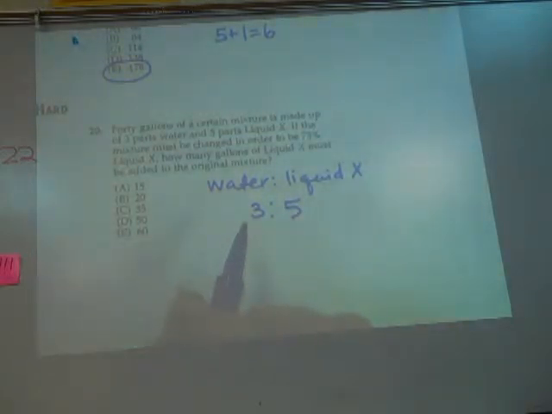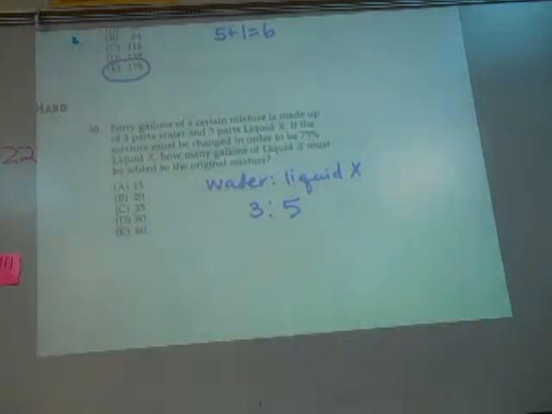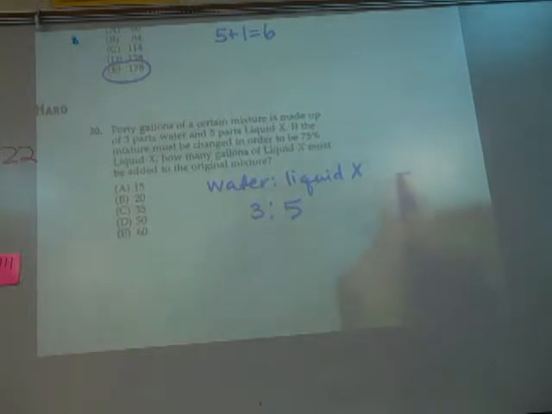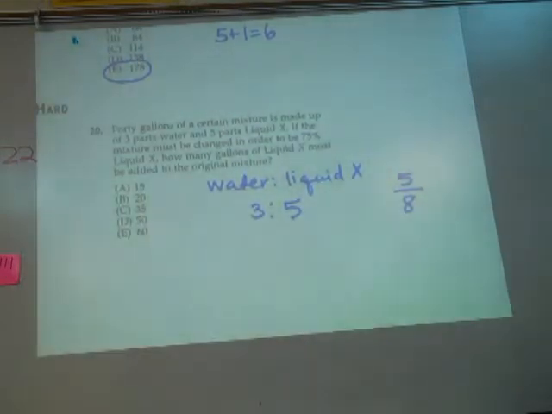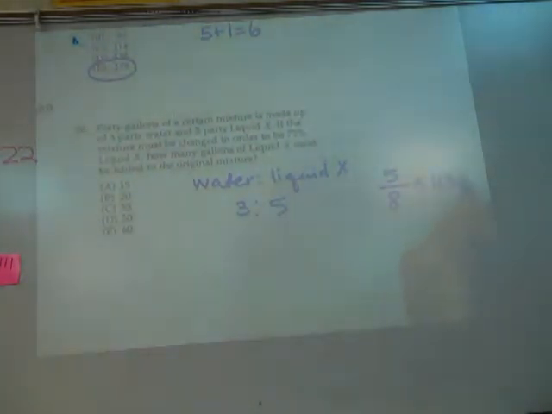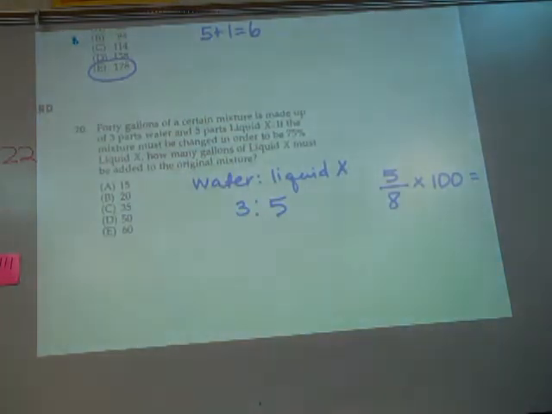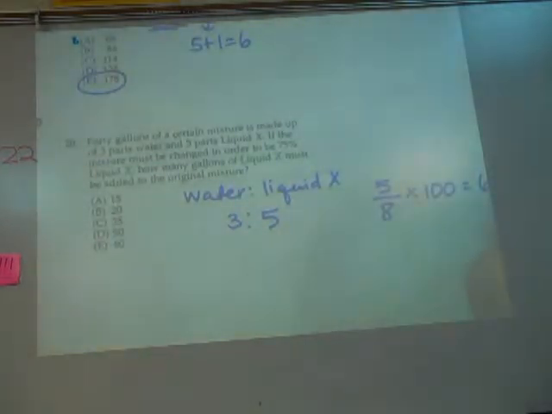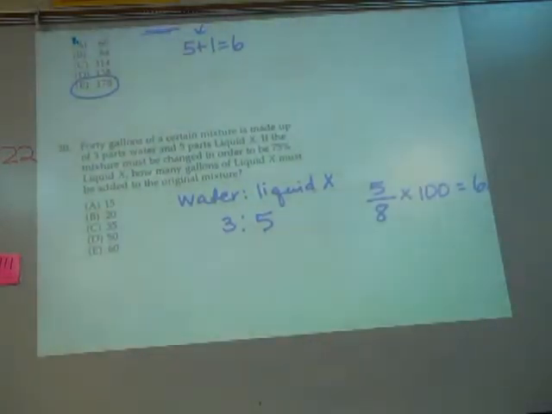So what we have here is right now, what percent of the mixture is liquid X? Well, it's 5 out of 8, right? If you add those together. Right now, it's 5 out of 8 times 100, which would be 62.5% liquid X.